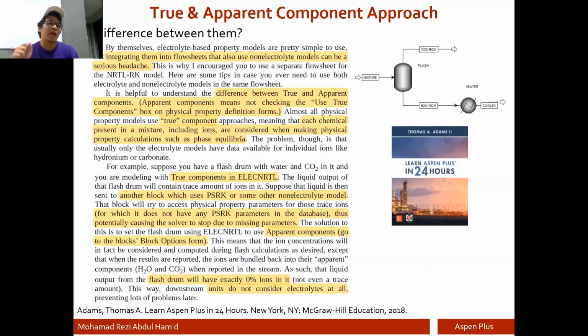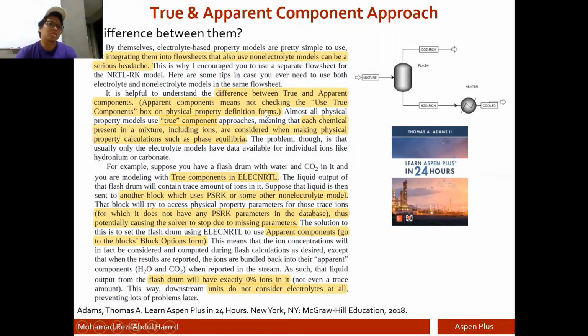charged neutral element. Let's say, for the sake of argument, I have this hypothetical process where I have a flash column, and this flash column uses an electrolyte thermodynamic model. And then the downstream unit is a heater, and this heater uses a non-electrolyte model, for example, the PSRK model.